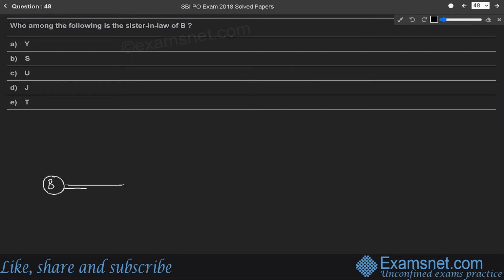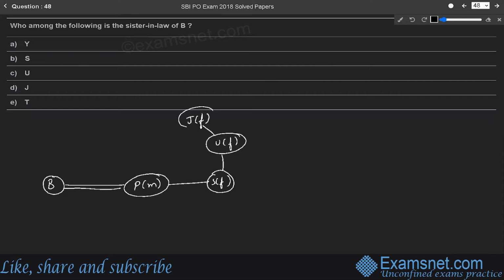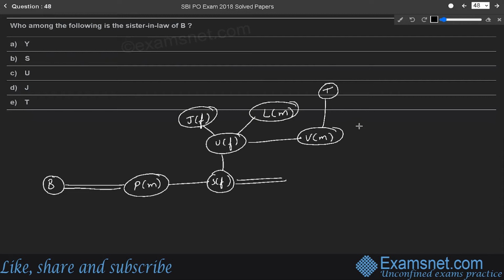Here the symbols will represent the relation. According to all the given information, this is the required diagram here.